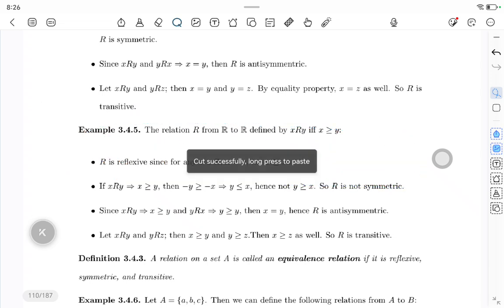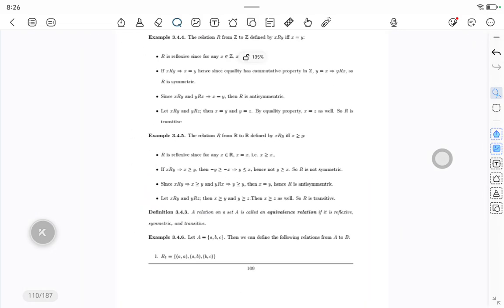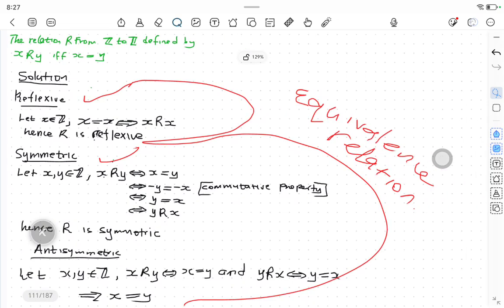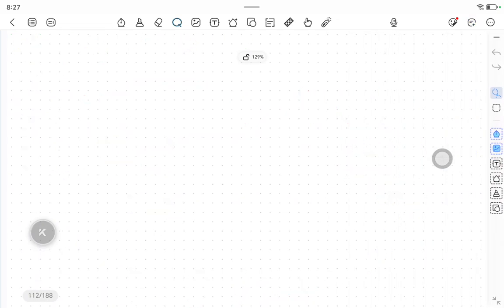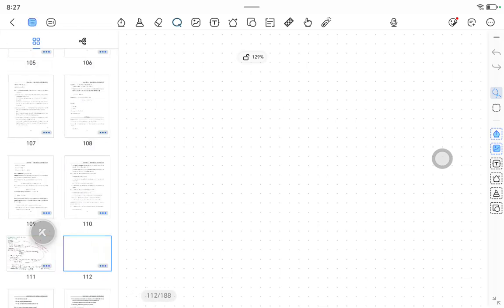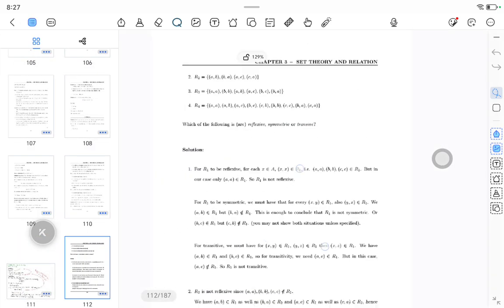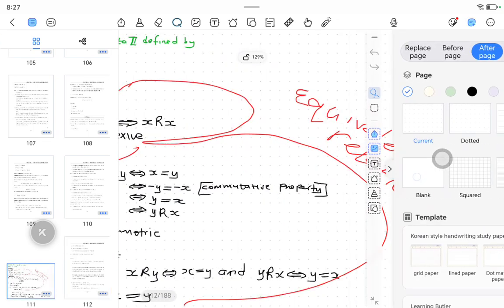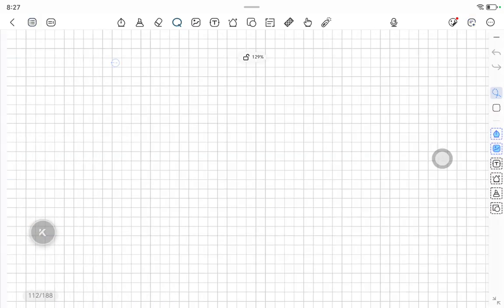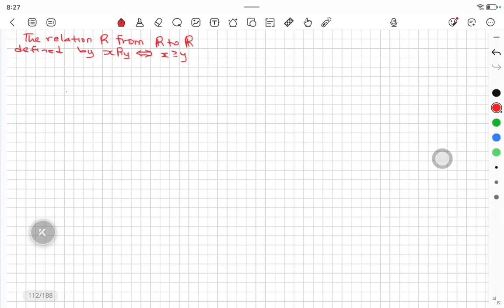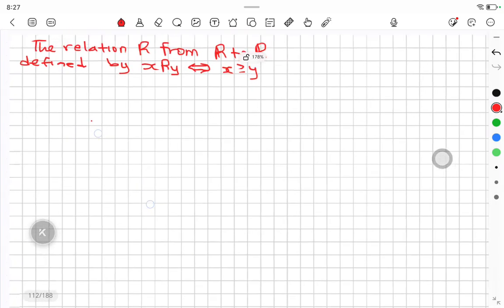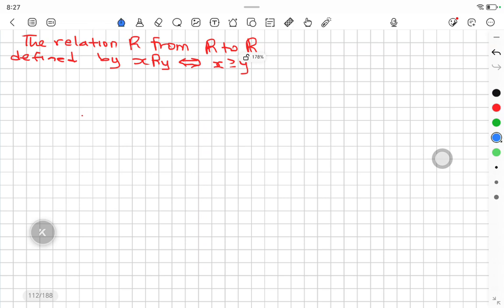So now when we check, let's prove that. Now we're saying that the relation R from R to R is called... let's say we start by proving reflexive.